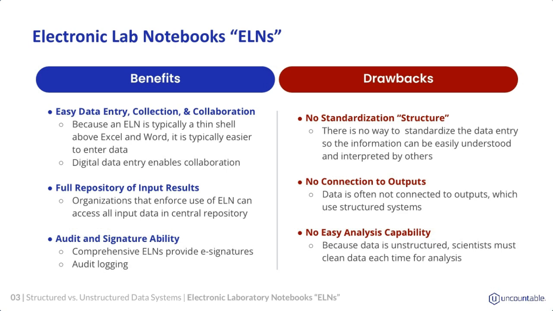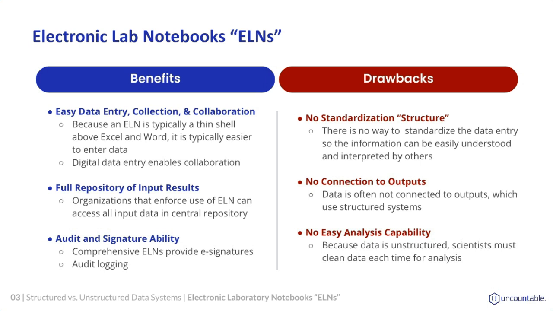ELNs in particular are where a lot of people get confused, because they look at an ELN and say, my scientist is recording all of these details, I'm retaining everything, and yet I still haven't made progress in terms of data standardization and structure. And oftentimes, one problem with this that I want to highlight is the connection to outputs. So that's this middle data bullet point over here in red.